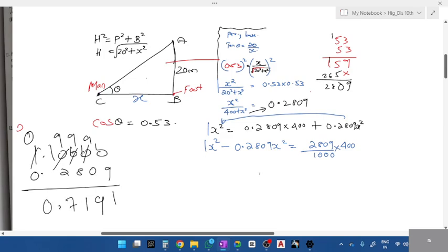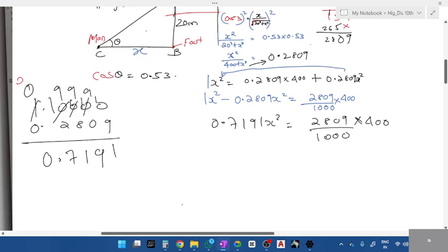What are we getting? 0.7191 x square, right? If I remove the decimal, with what do I have to multiply? 7191 divided by 1000 is equal to 2809 by 1000 into 400.